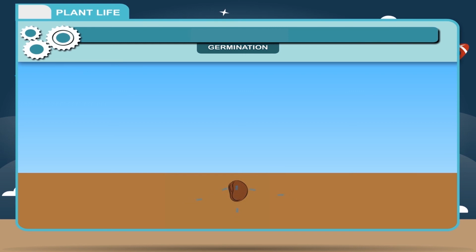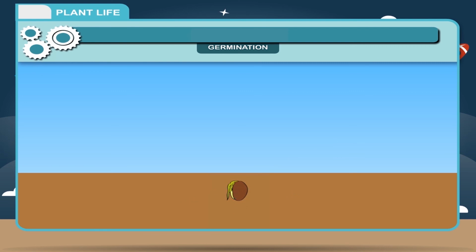When a seed falls into moist soil, it begins to absorb water, which then enters the embryo of the baby plant. The embryo in the seed then begins to grow and gradually breaks the seed coat.